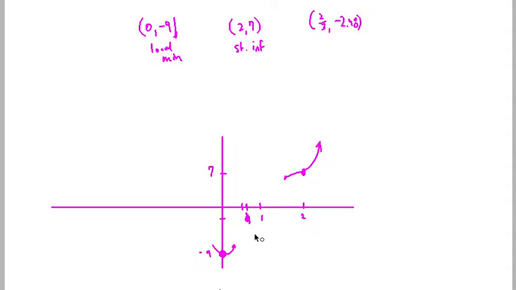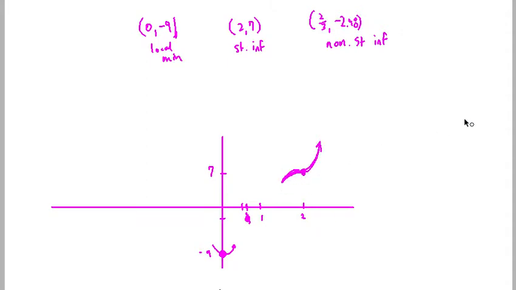We know that that is a non-stationary point of inflection. What that means is I'm going to have a change in concavity. Remember that the reason I chose this to look like this is because here it's concave up and here it's concave down.